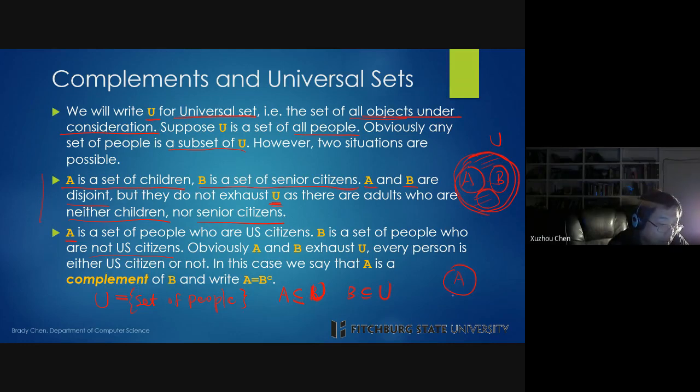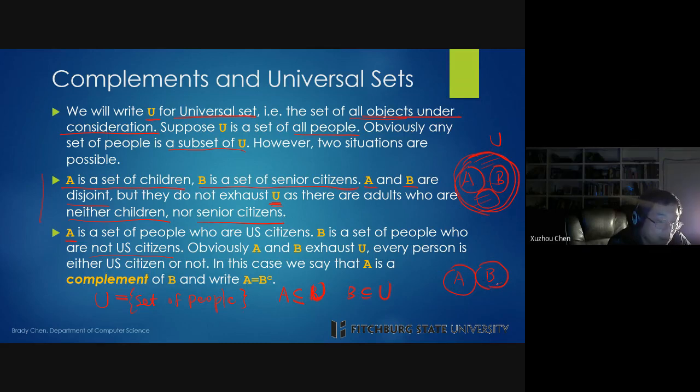A is a set of US citizens. B is a set of non-US citizens. So they don't overlap. But can we find any person who does not belong to both?